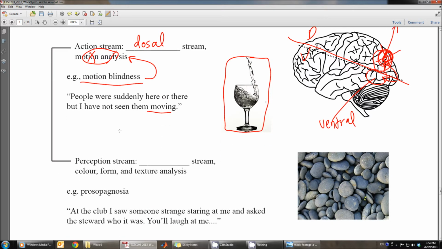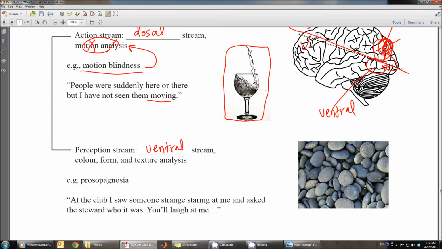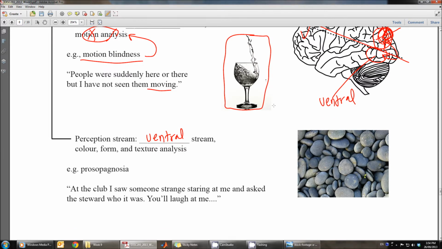On the opposite side, the ventral stream is also known as perception stream. They can recognize the motion because the action stream is intact, but if they damage this part of the visual association cortex, they have trouble recognizing or perceiving the object.